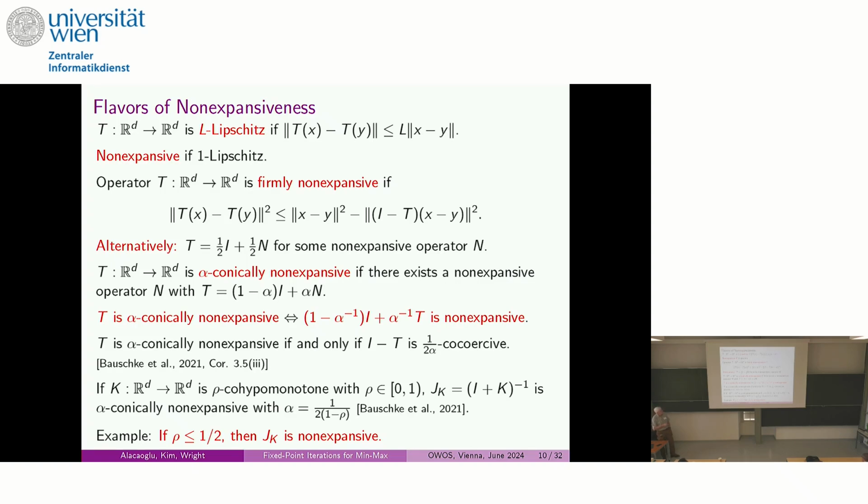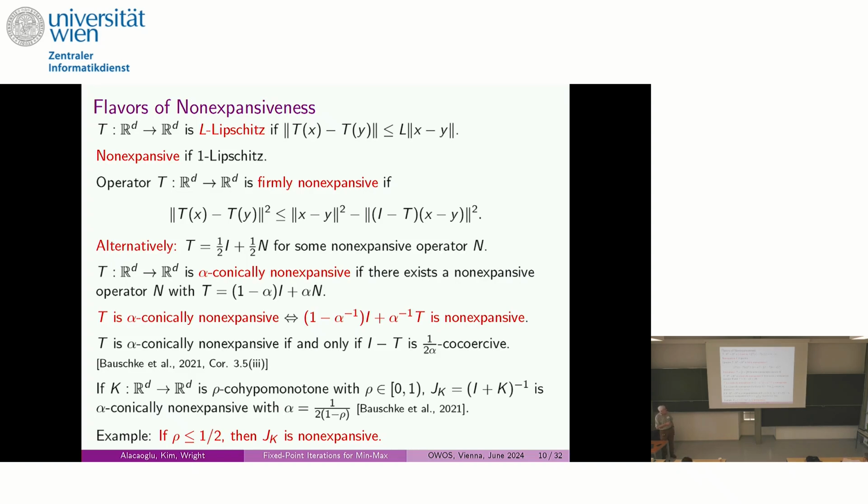Any positive number. So this could actually be negative, the coefficient of I. And you can write that equivalently. If you just solve this for N, you can write this equivalently as that 1 minus 1 over alpha times identity plus 1 over alpha times T is non-expansive, and that's what you need for T to be alpha conically non-expansive.